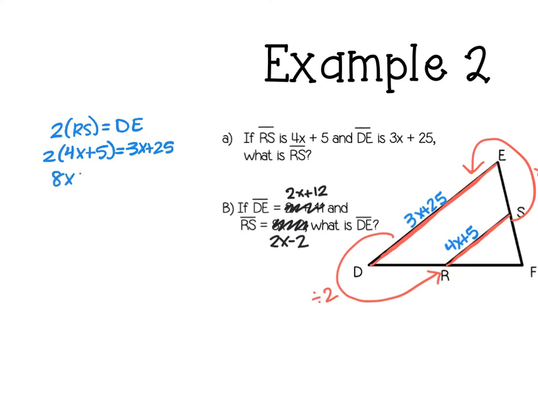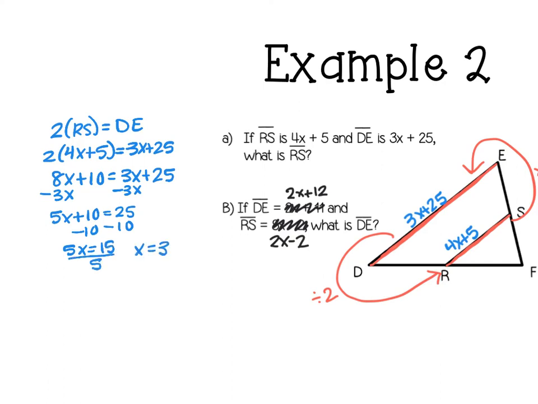That's 8x plus 10 equals 3x plus 25. I'm going to solve this equation. So x equals 3, but that's not what they asked me for. What they asked me for was RS. So I'm going to plug that back in. 4 times 3 plus 5, that's 12 plus 5. So RS is 17.